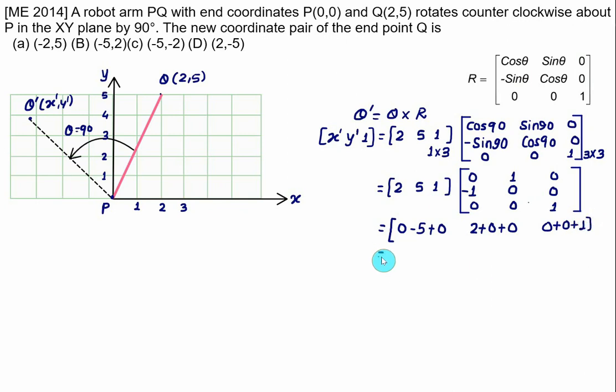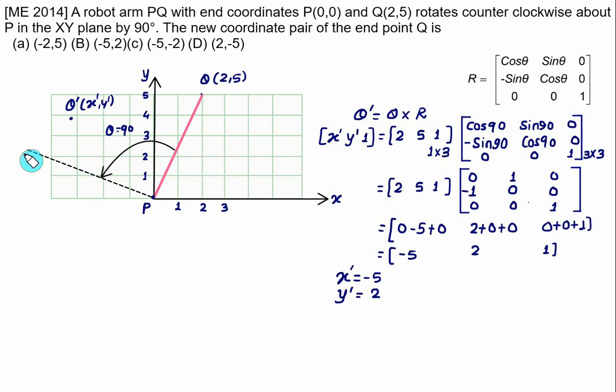That is, we get here minus 5, then 2, and then 1. So we'll get a final coordinate as x prime equal to minus 5, and y prime equal to plus 2. So using the rotation matrix, we can find out here the final point.